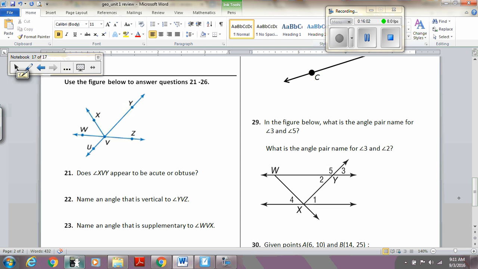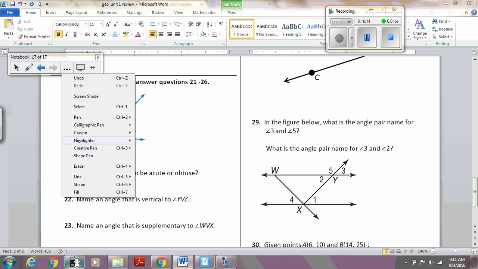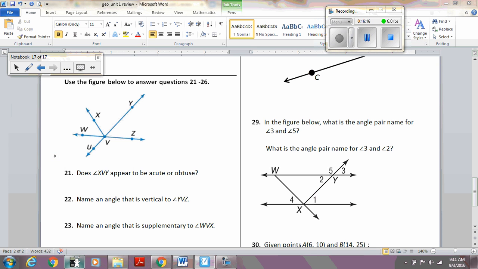All right, we're going to use this figure for the next few problems. 21 says, does angle XVY appear to be acute or obtuse? So let's highlight the angle that we were referring to. XVY is this angle here.